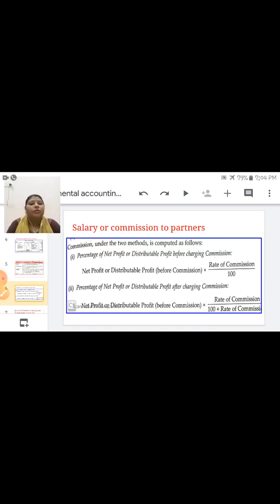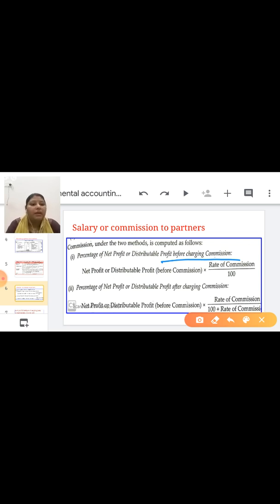Let us do the questions of salary or commission to partners. So how do we calculate commission? There are two formulas, two methods under which you have to calculate commission. First is profit before charging commission. Please look carefully here.